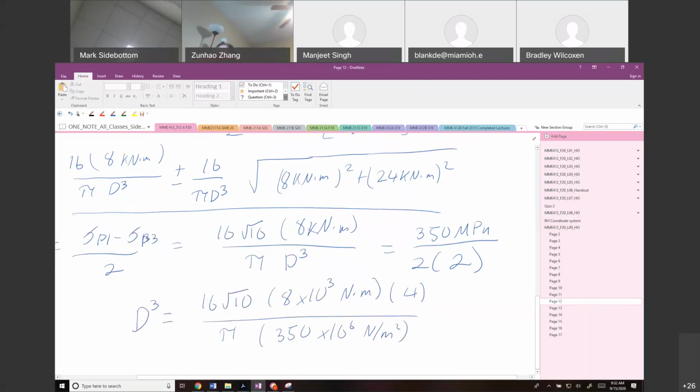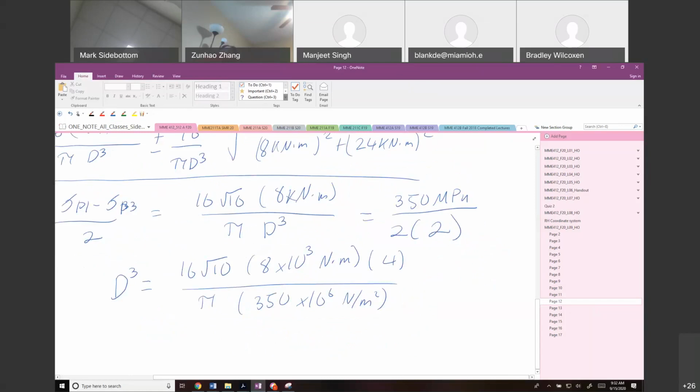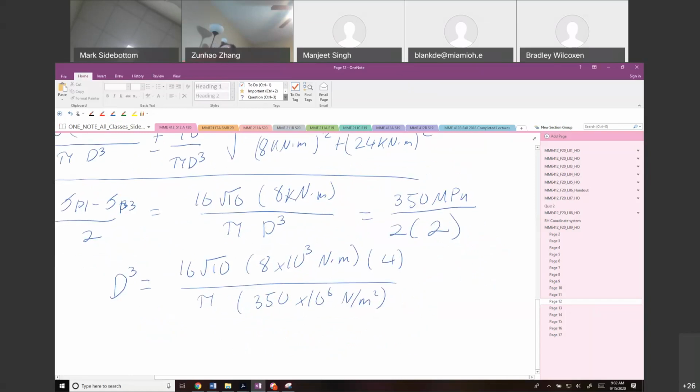This would give you a value in meters cubed, and you would have to take the cube root of both sides. If you do that, you end up getting 0.11376 meters, which is approximately 113.8 millimeters.